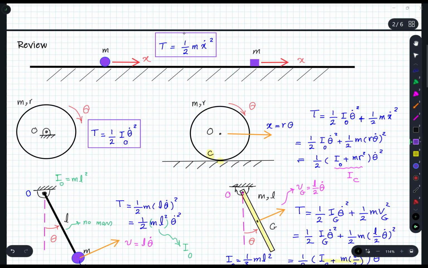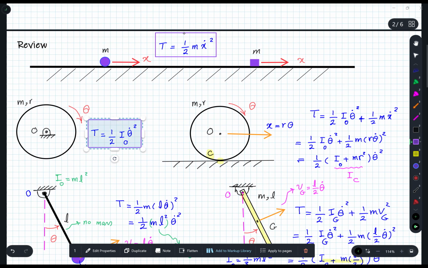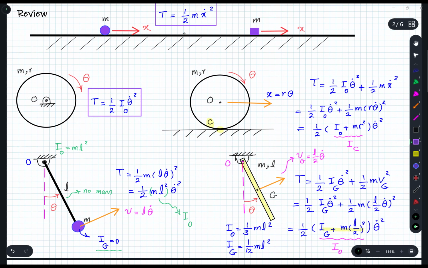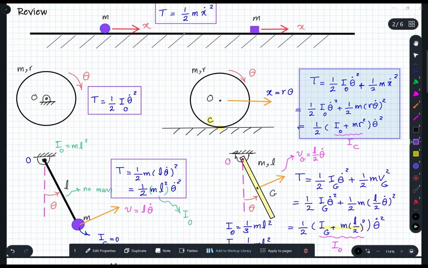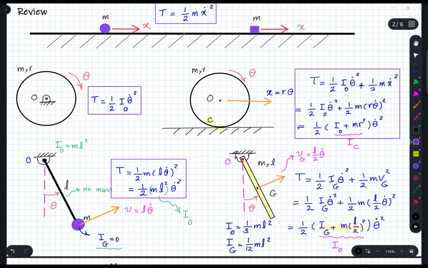If a rigid body is linked to the ground, it's simply half of IO theta dot squared. And we see a similar concept here for that link as well. But when you have a scenario where the disk is rolling, like the case here, we know that our energy consists of two parts, translational and rotational.